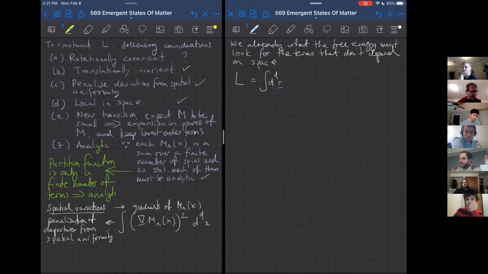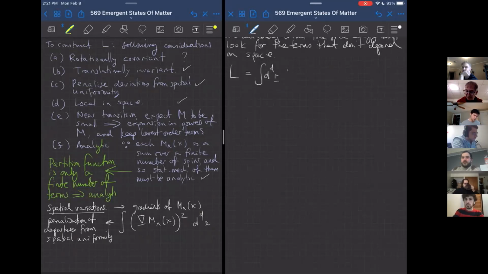And I'm going to write it like this. Then this term that I already wrote down, so 1/2 grad m lambda squared, and we'll put a coefficient in here in just a minute, and then those other terms that we wrote down before, the quadratic and the quartic term, but now we're going to make them functions of space. So there would be eta.